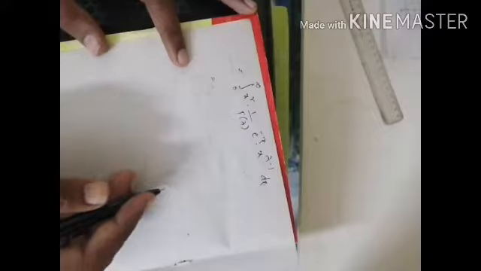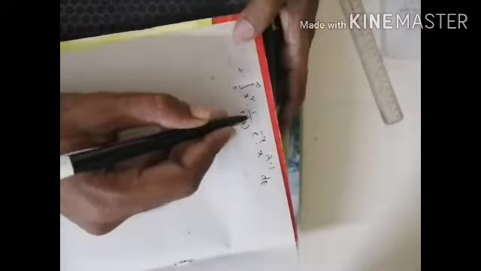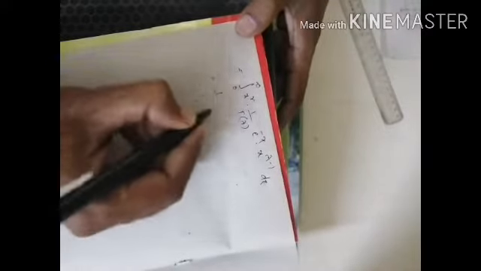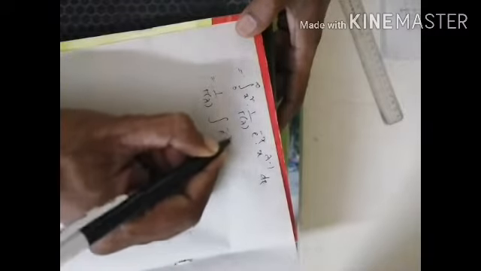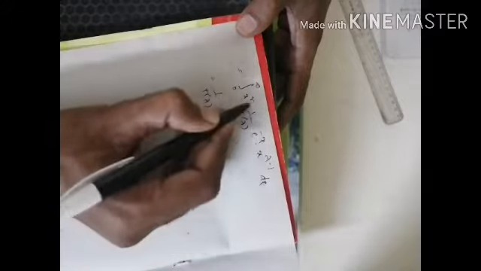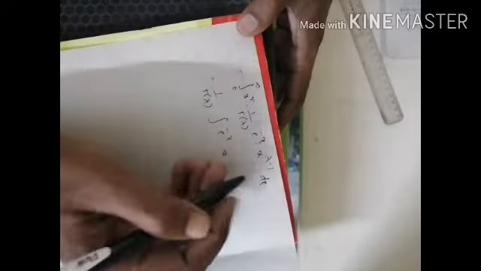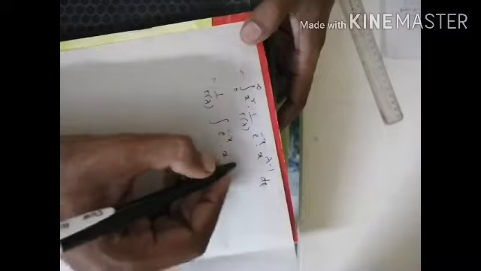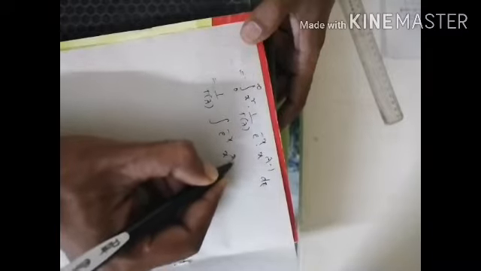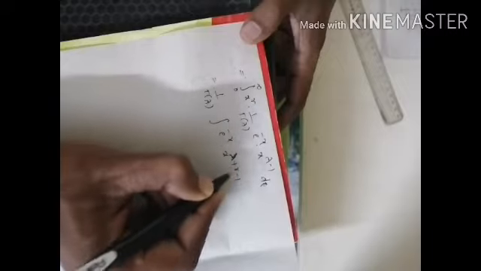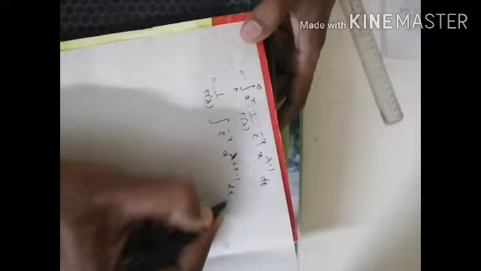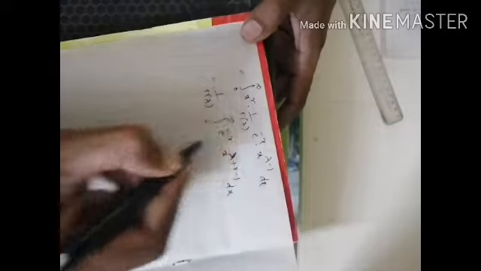So now 1 by gamma of lambda is a constant, so take it outside. 1 by gamma of lambda integration of e to the power of minus x into x to the power of r, and x to the power of lambda minus 1 is there. Bases are same, so add it: lambda plus r minus 1 dx, right?